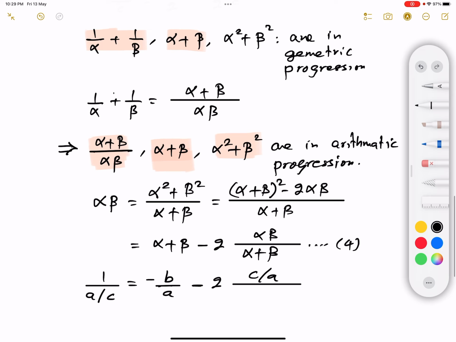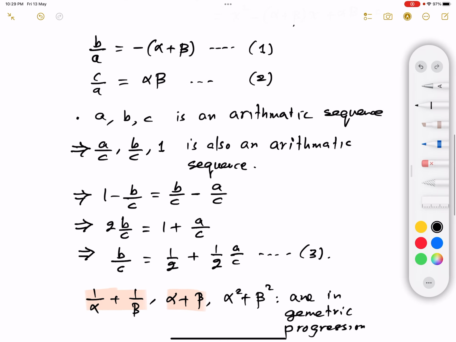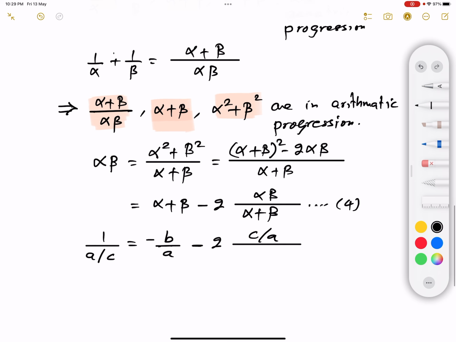So C divided by A. And alpha plus beta from equation number 1, it's minus B over A. That's going to give us 1 over A divided by C. And minus B over A can be rewritten as minus B over C multiplied by C over A, minus, and this thing here can be rewritten as minus C, minus with minus, that's going to give us plus C. A is going to get cancelled with A, and we're going to be left with twice C over B.